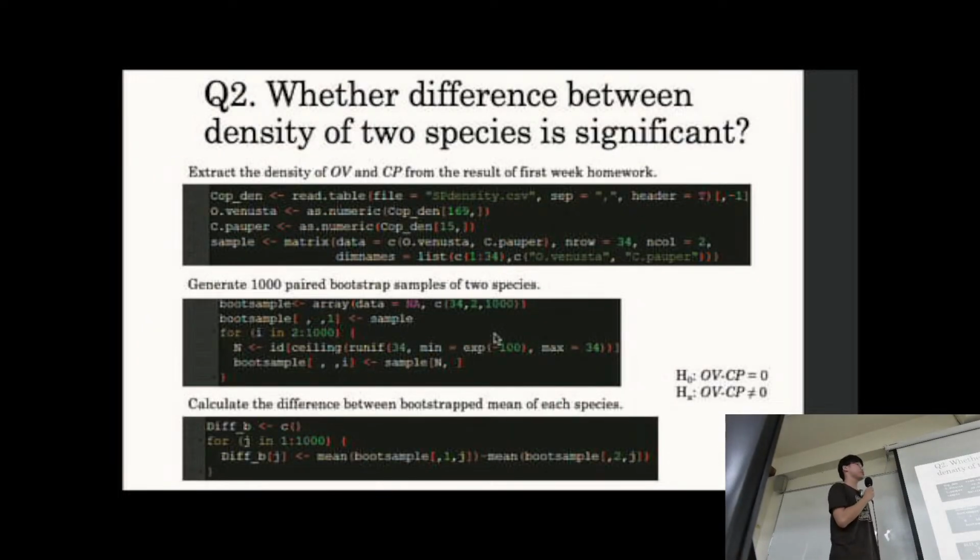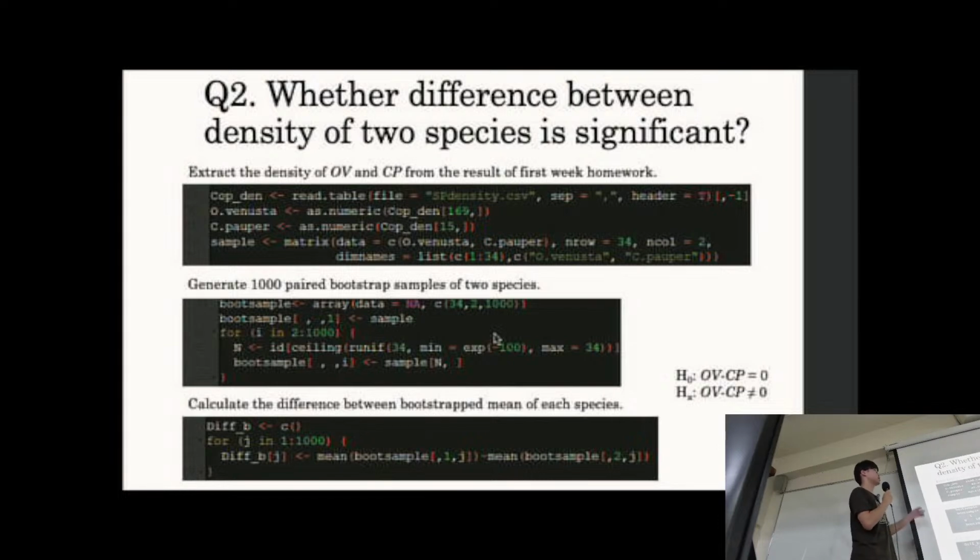And going to question 2. In question 2, we want to test whether the density of two species is significantly different.